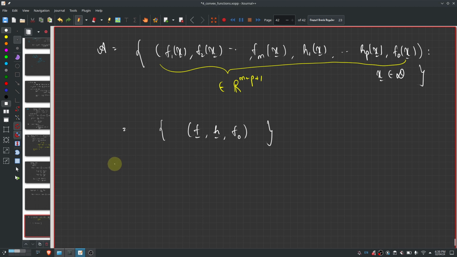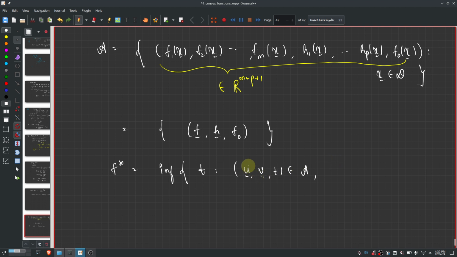If I want f star, this is equal to the infimum, and what are you trying to minimize in your original optimization problem? You're minimizing f0 of x, correct? So it's basically just the infimum of all t such that (u, v, t) lies in A. And I also want to satisfy the constraints.